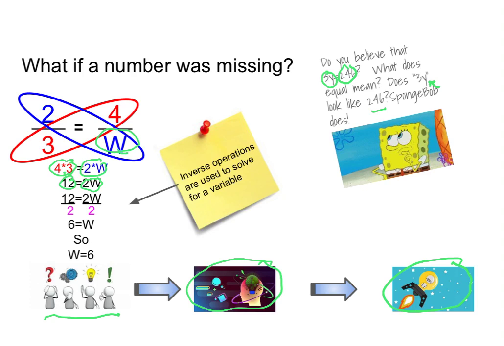Since we have an equation, we're going to use inverse operations, or opposite. So we see multiplication, so we're going to do division. To undo the 2 that's being multiplied by W, we divide both sides by 2. When we do that, we get 6 equals W. Therefore, W equals 6.